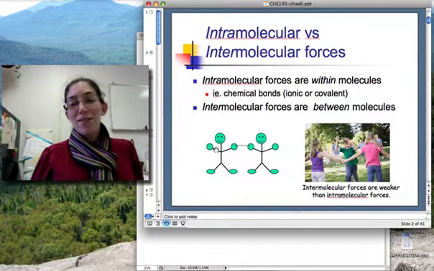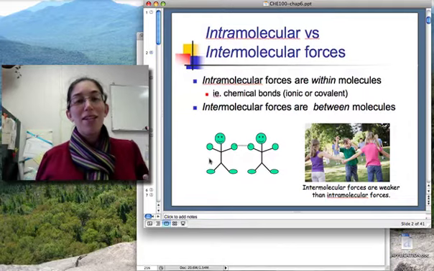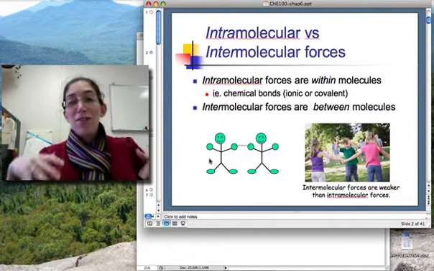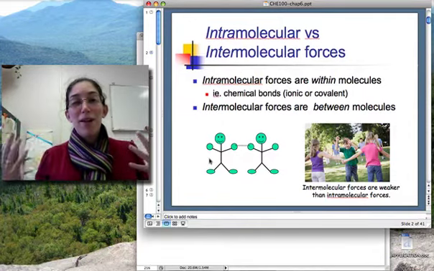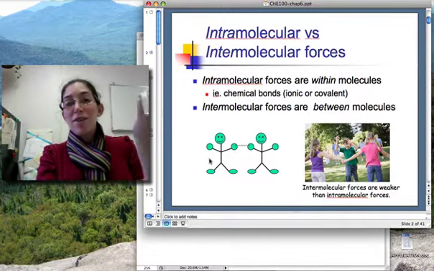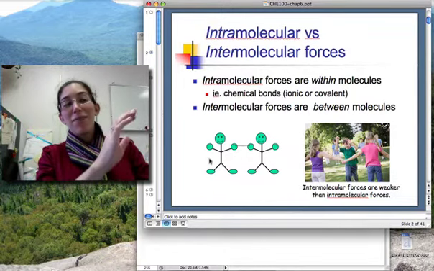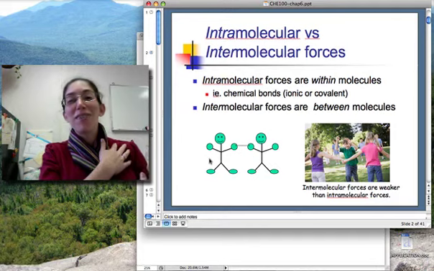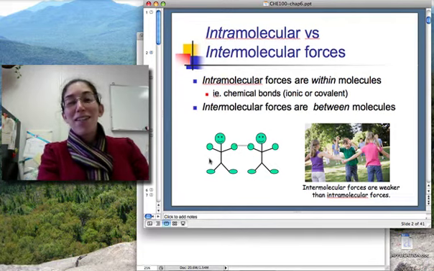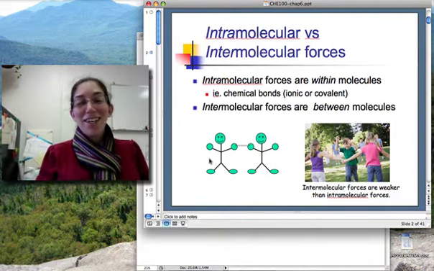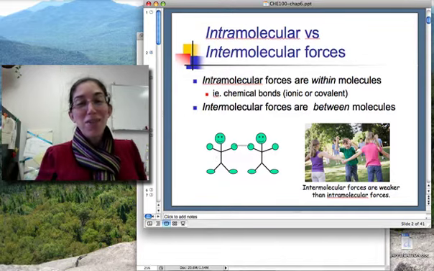And you can think of it the same way with your body. You have your arms and your legs and all these different parts. So your arms keep your hand bonded to your shoulder, okay? And they are within, maybe that's taking it too far. So those are intramolecular forces.